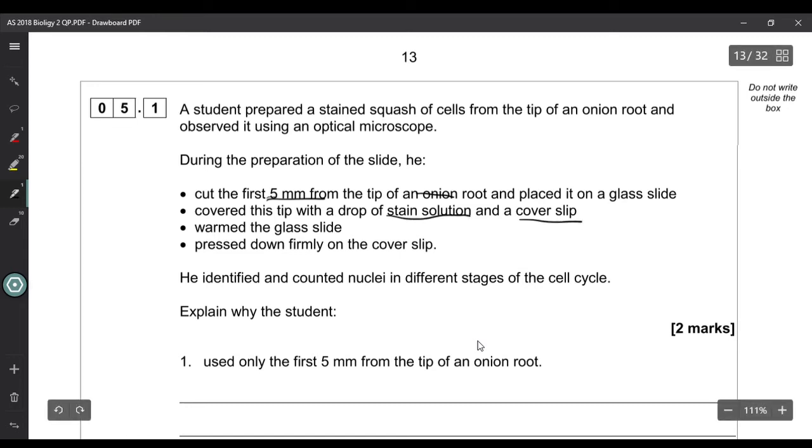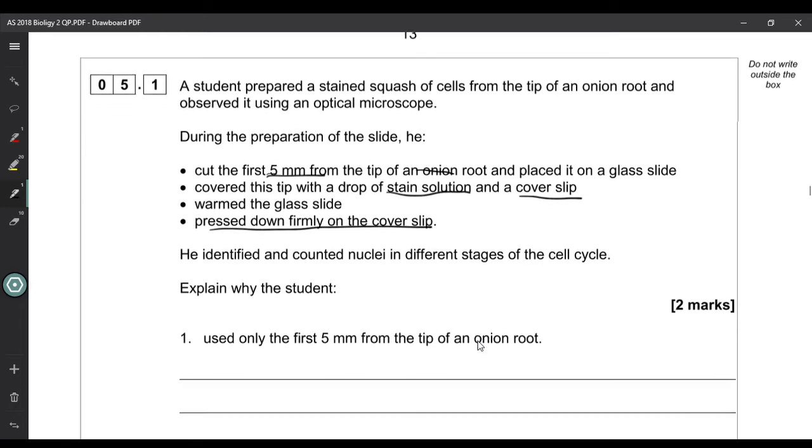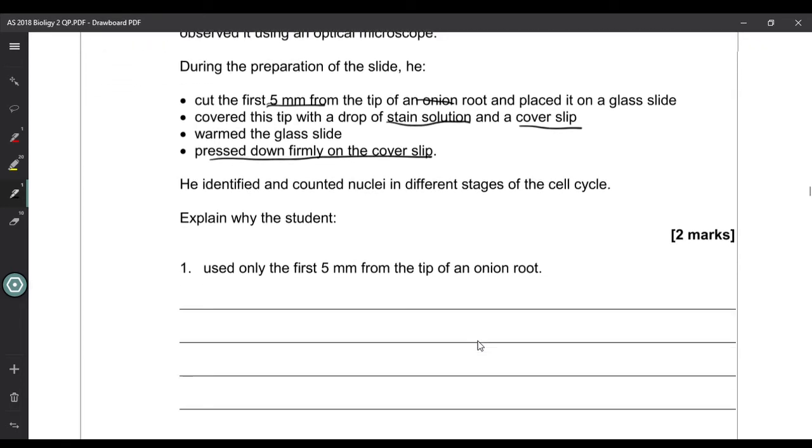Warmed the glass slide, then pressed down firmly on the cover slip. He identified and counted nuclei in different stages of the cell cycle. Explain why the student used only the first 5 millimeters of the tip of an onion root.